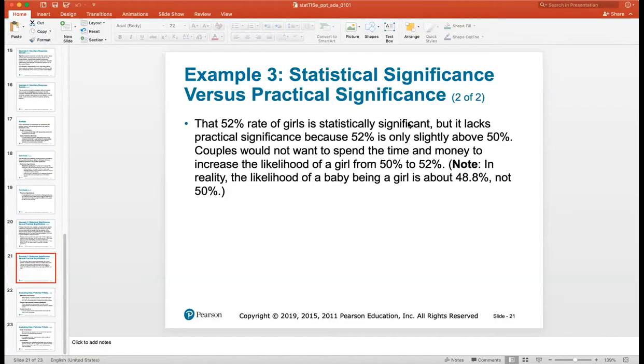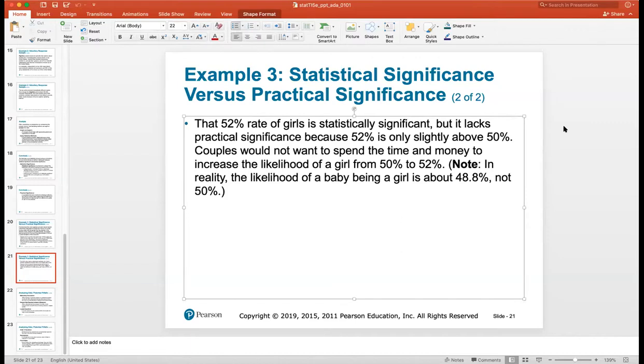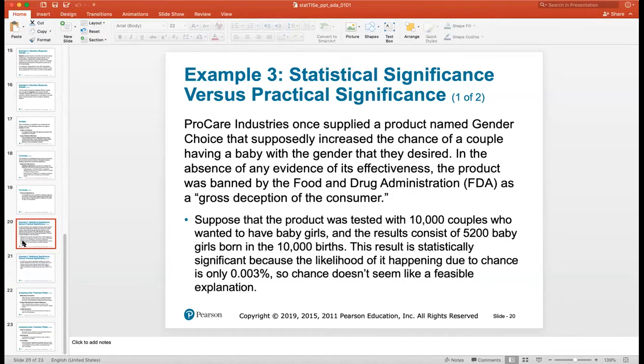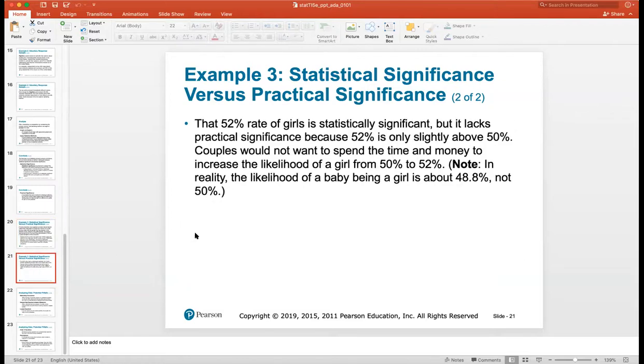This example can also be interpreted as practical significance, because you see that 5,200 out of 10,000 means 52%, right? Normally the probability that a couple is going to have a girl is just 50%.